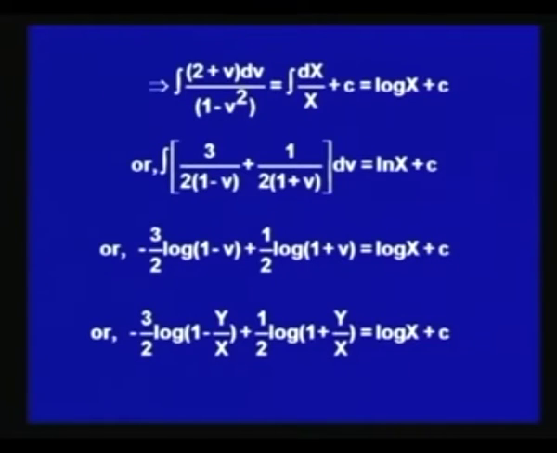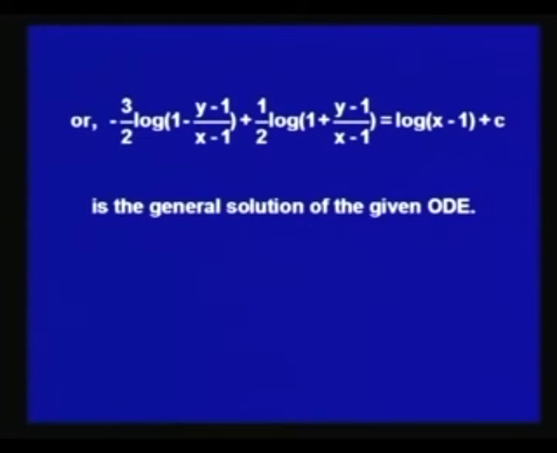So, after integration, the left hand side will become minus 3 by 2 log (1 minus v) plus half log (1 plus v), and we get the general solution of the given differential equation after substituting the value of v, that is minus 3 by 2 log (1 minus Y over X) plus half log (1 plus Y over X) equal to log X plus c, where capital Y is equal to y minus 1 and capital X is x minus 1. So, let us put their values and get the general solution of the given differential equation.